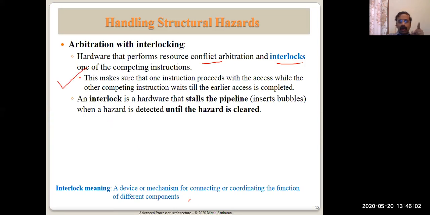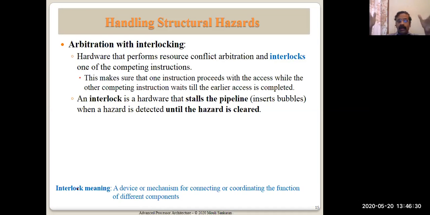So an interlock is hardware that stalls the pipeline, inserts a bubble when a hazard is detected until the hazard is cleared. Until the hazard condition is cleared, the instruction is stopped. Once the instruction is stopped, the pipeline is stalled. The other instructions behind will also be stopped. But the instructions before the one which caused this hazard will proceed.